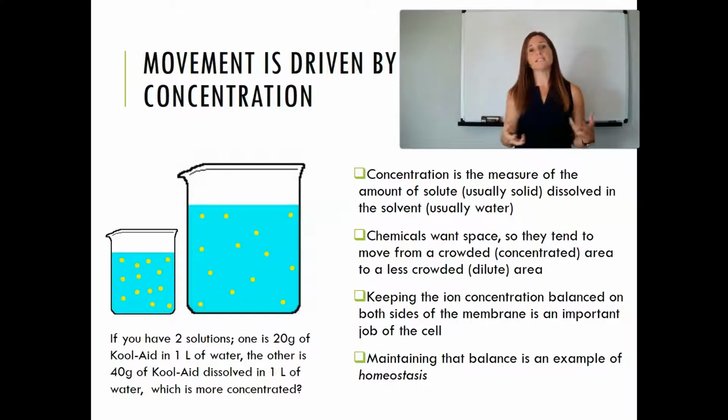The water feels the same way. It also wants to move from an area of crowded to an area of space, of dilute. So the water wants to move away from the water and the solute wants to move away from the solute. And so we seem to get this kind of balance. Maintaining water balance is one of the most important homeostasis events that happens in our body.